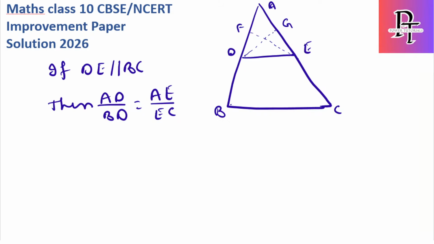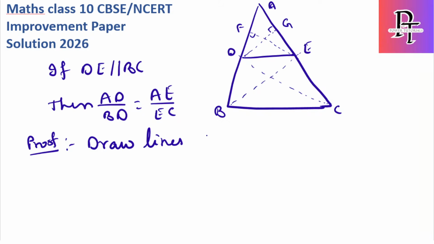Same way, join BE and CD. So this is perpendicular, this is perpendicular. So the proof: draw lines DG perpendicular to AC and EF perpendicular to AD.